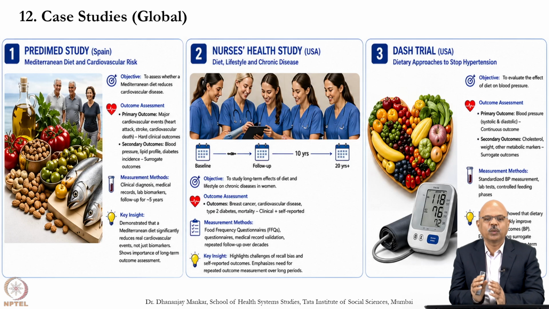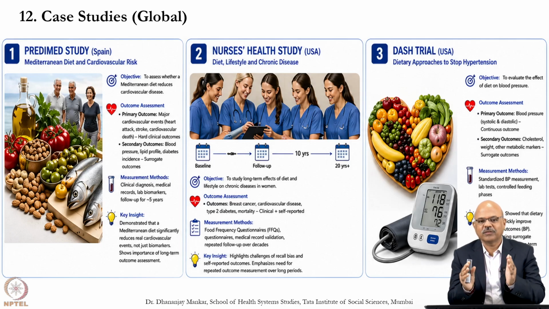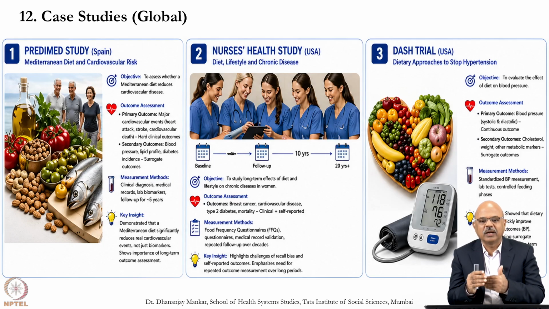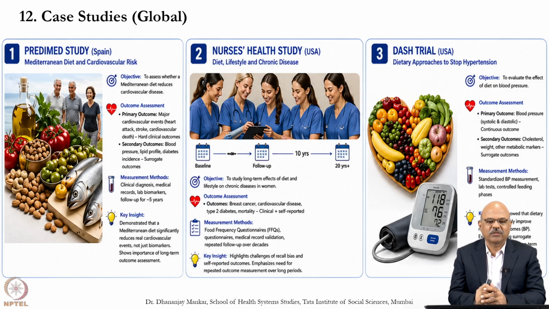Nurses' Health Study of the USA: diet, lifestyle and chronic disease. This is a very important study which was carried out over a period of 10 years starting from a baseline, with follow-up of 20 years. The objective was to study the long-term effect of diet and lifestyle on chronic diseases in women, particularly nurses. The outcomes were breast cancer, cardiovascular disease, type 2 diabetes, mortality, clinical plus self-reported, which is very important to overcome the biases.